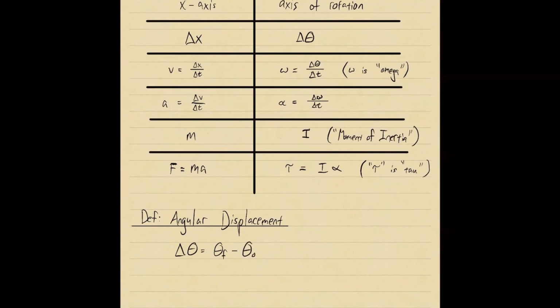But normally we take this initial angle to be 0. We assume that we're starting from 0. So usually the angular displacement is just how much we've turned through a given process. And the angular displacement is going to have units of radians, or degrees.